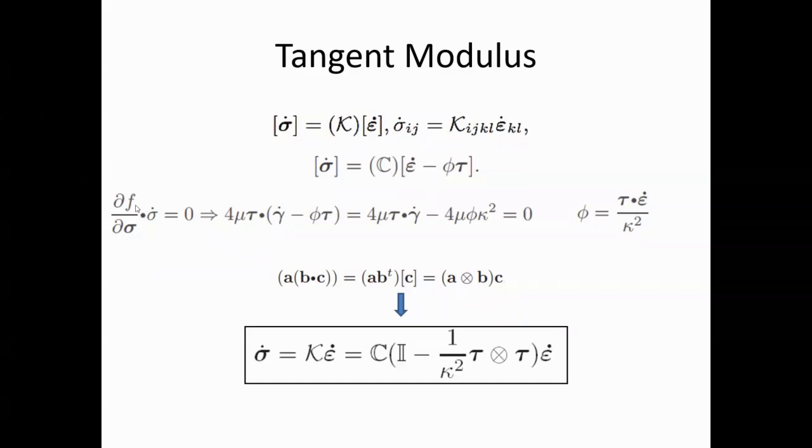So F dot is nothing but dou F by dou sigma times sigma dot. During plastic deformation, that's equal to 0. And therefore, I'll get phi to be equal to tau dot epsilon dot divided by k squared.